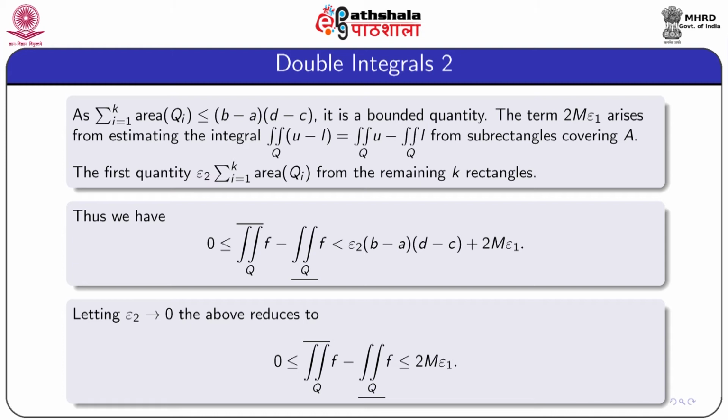Thus, we have 0 ≤ difference between upper and lower rectangle integrals < ε2 (b minus a)(d minus c) plus 2Mε1.